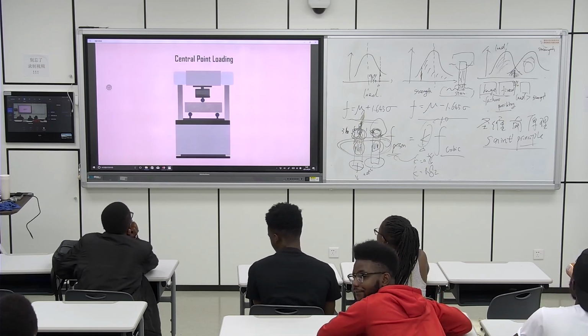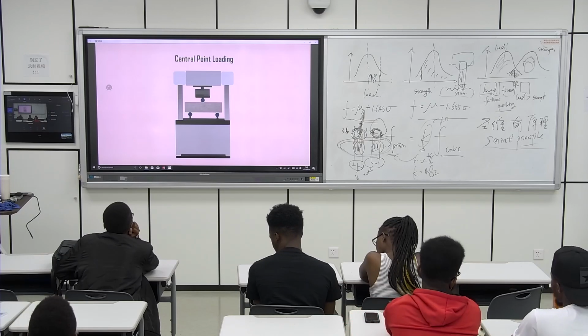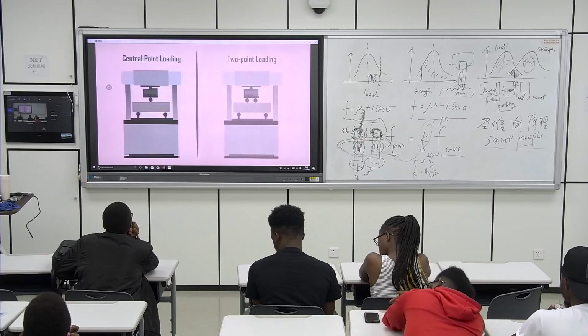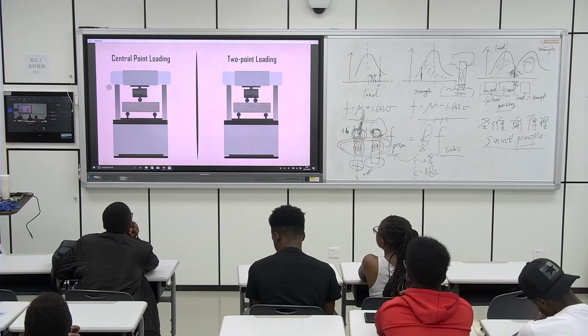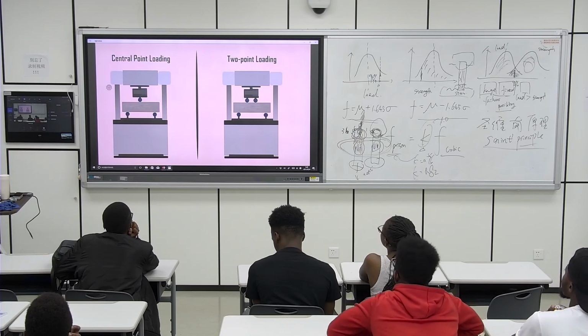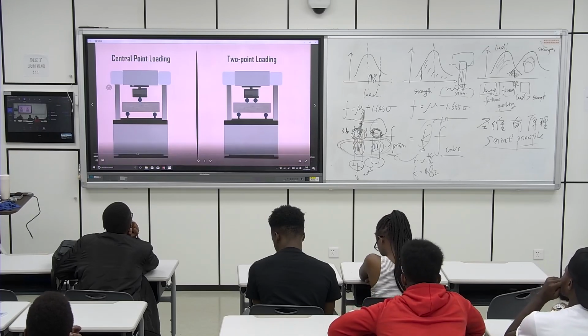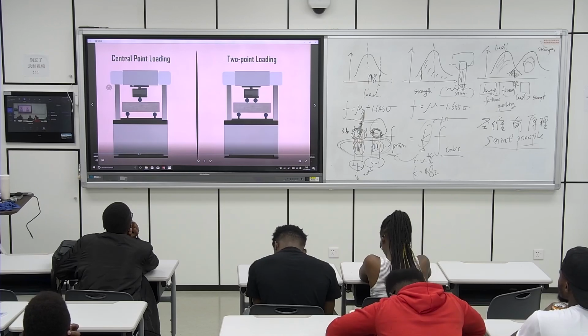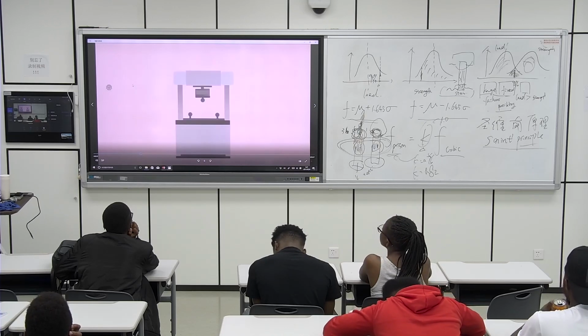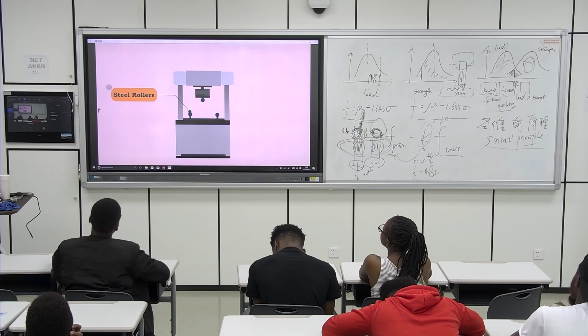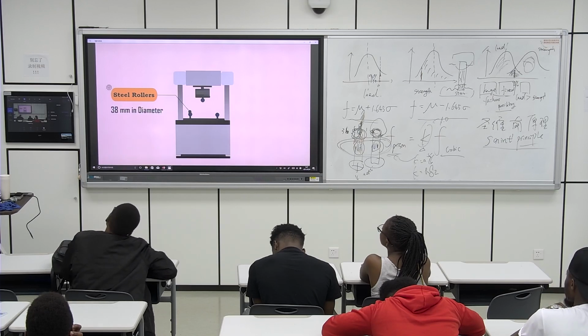Flexural strength of concrete is determined by either central point loading or 2-point loading. The typical machine used for this test is shown on the screen. The bed of the testing machine is provided with 2 steel rollers of 38 mm in diameter.